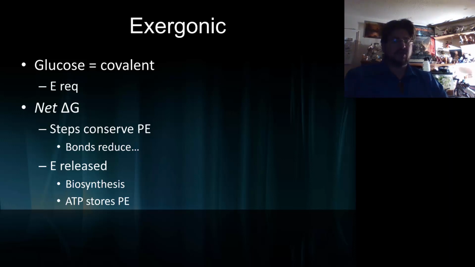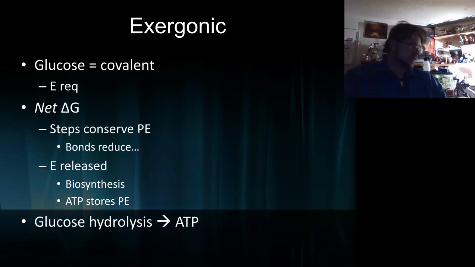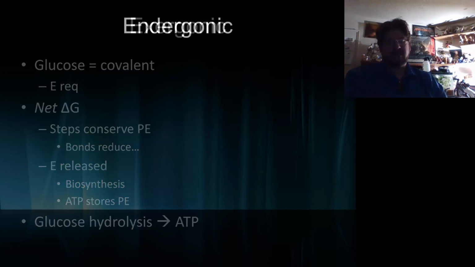ATP is the ultimate storage of potential energy because the molecule itself is just so unstable. So, the ultimate result is that glucose hydrolysis, starting off all the steps of cellular respiration, gets us to ATP.